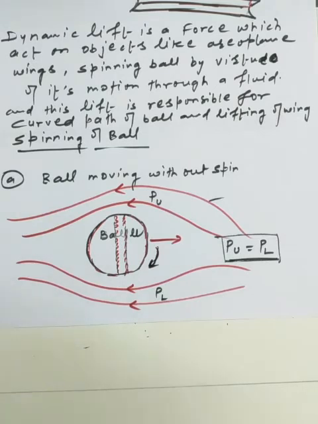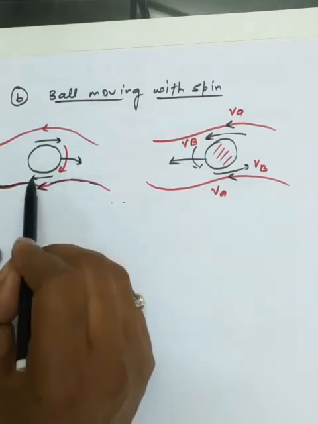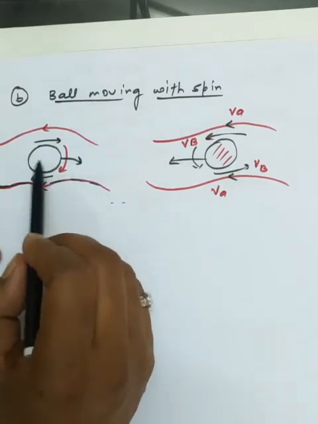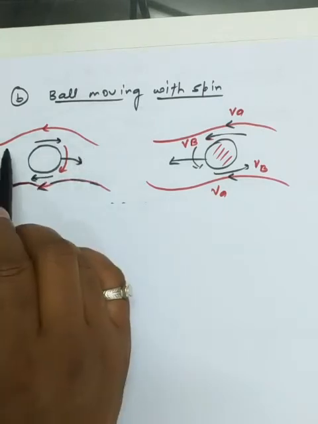Now if you want to make the spin of a ball, we must use the concept of the Bernoulli principle. We are assuming the ball is moving opposite to the direction of the velocity of the air.